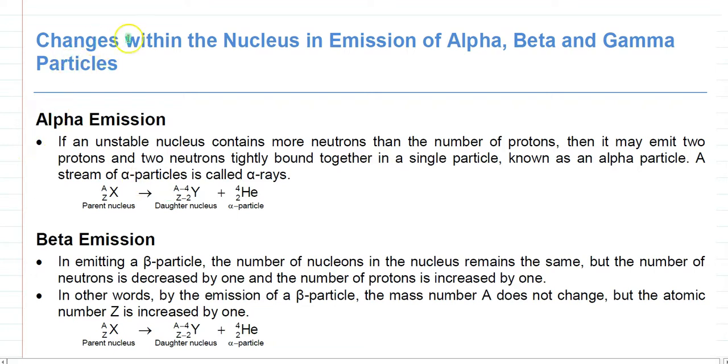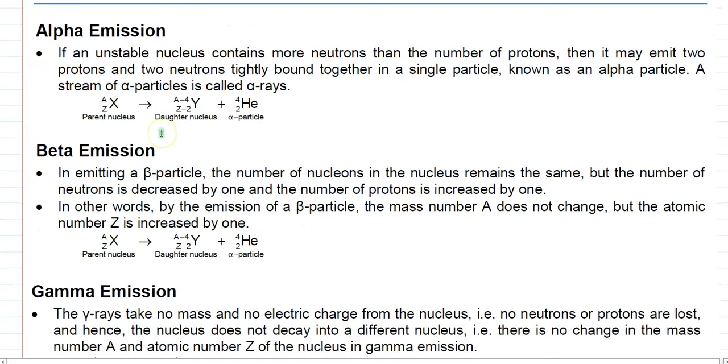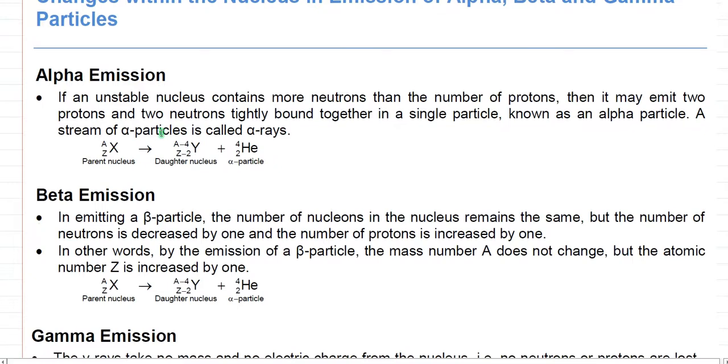These are the changes. For alpha emission, if X is a parent nucleus, meaning the nucleus from which the alpha particle will be emitted, this parent nucleus has mass number A and atomic number Z.